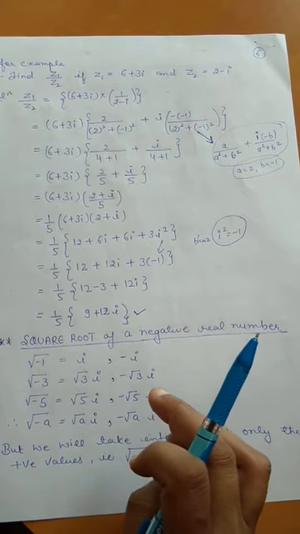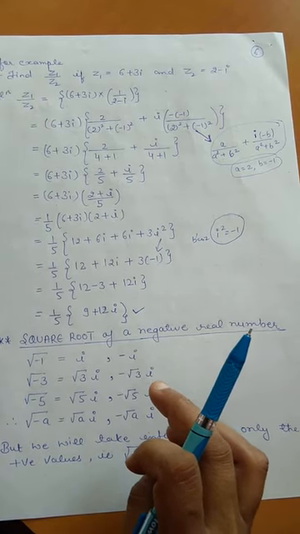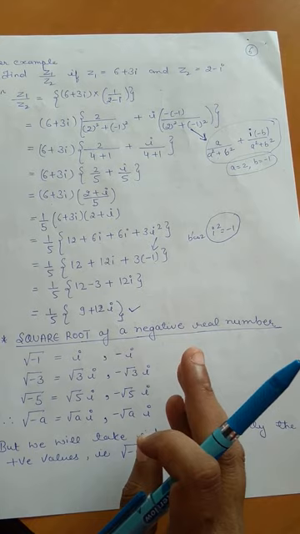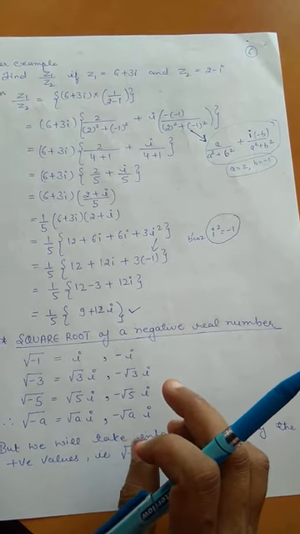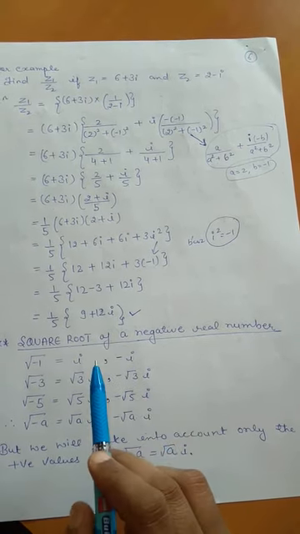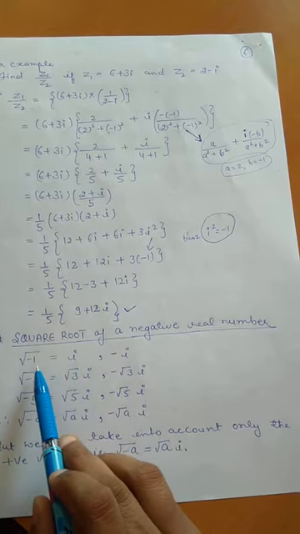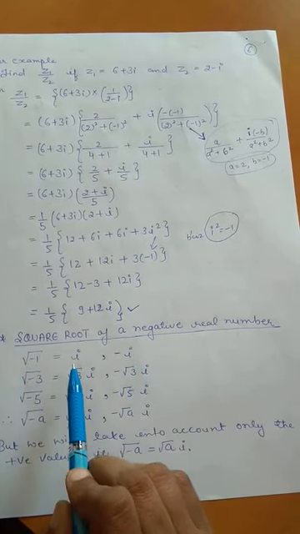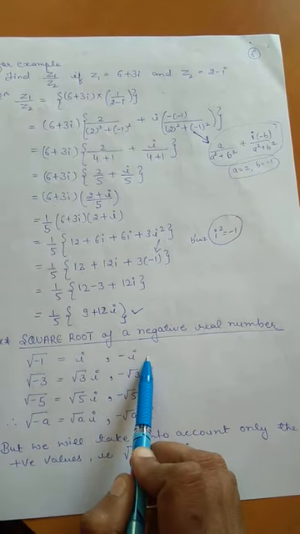But in this class you will learn how to find the square root of under root of minus 3, under root of minus 4 or under root of minus 9. So in this way, see over here, under root of minus 1 will have two values, iota and minus iota.